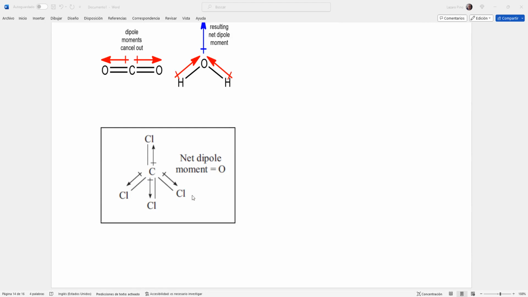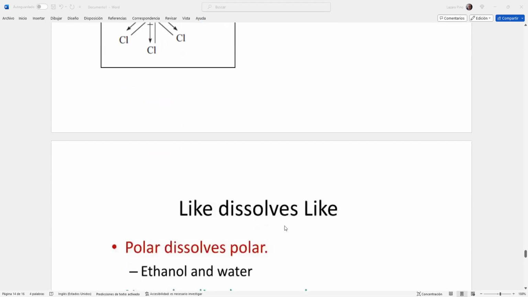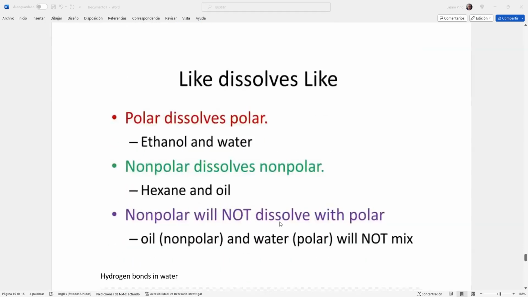Then the geometrical structure of the molecule is very important to say whether the molecule is polar or not. You know this rule, like dissolves like. What is the meaning? Polar dissolves polar.